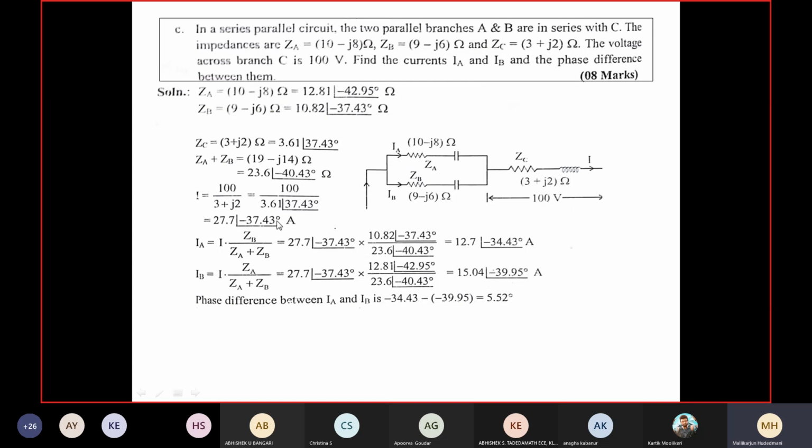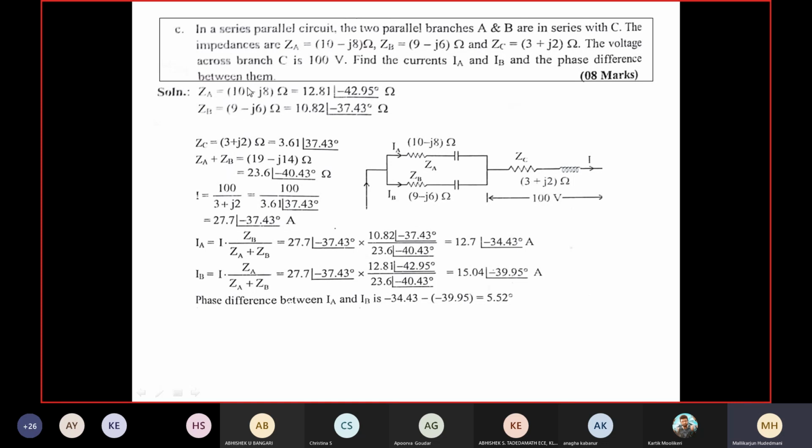You can see this equation that I am reading here. Same equation, correct? I into ZB divided by ZA plus ZB. How did you get this number? It is here. ZA is there, ZB is there, ZC is there. Can you see here? ZA plus ZB, one extra step already done here. I skipped this because I would be in confusion if I read it for you at that time. Now you know the denominator I want is ZA plus ZB. Rather than doing it here, it is done in advance.